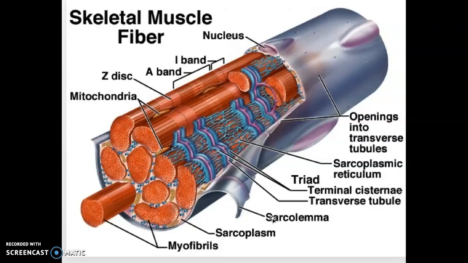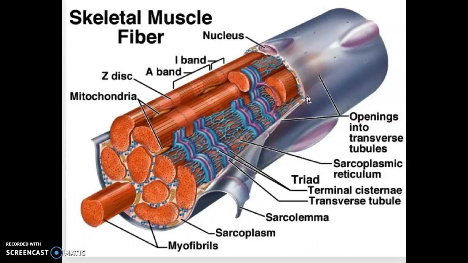The plasma membrane is called the sarcolemma, and it has little extensions that go deep within the muscle. You can see them in blue. This is called the triad. This one single purple line is a transverse tubule, which is an extension of the sarcolemma, and the blue on either side are the terminal cisternae.